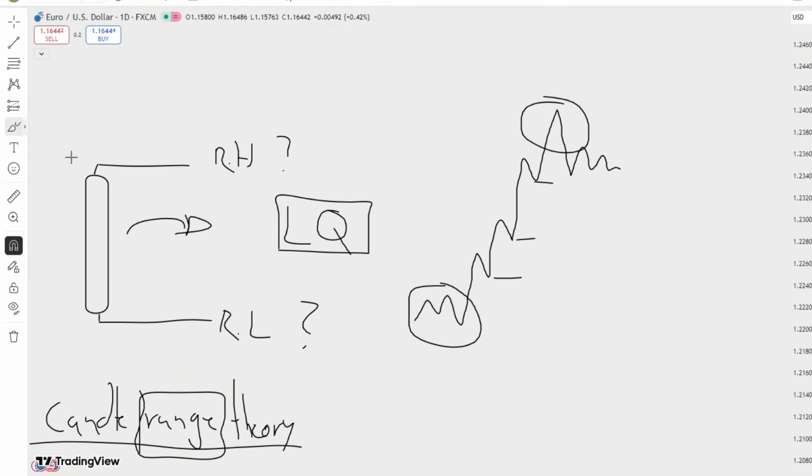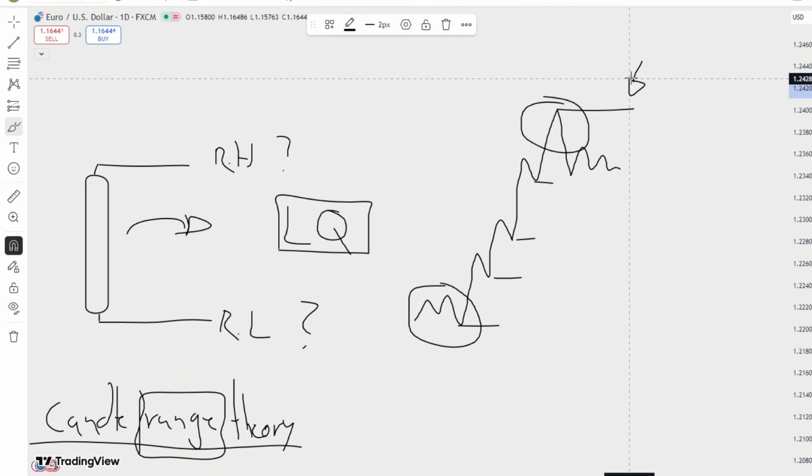But you need to focus on the liquidity, because liquidity is the fuel of the market. The market moves only because there is liquidity, and price is no question going to where the liquidity is. So if you have liquidity right here, this is a magnet for price.